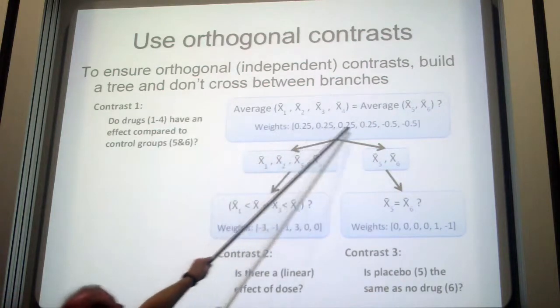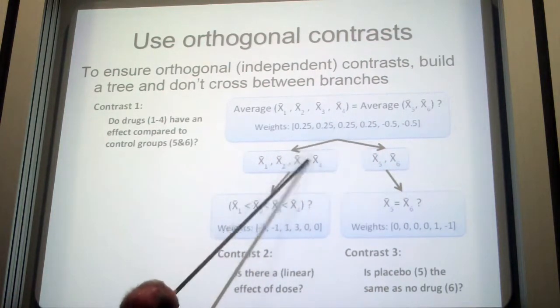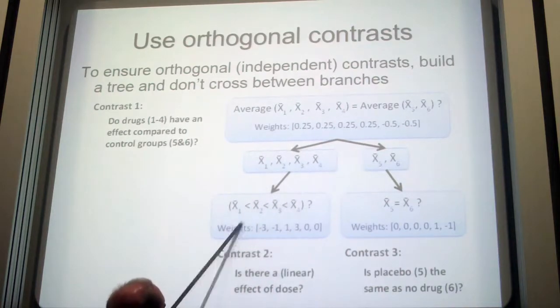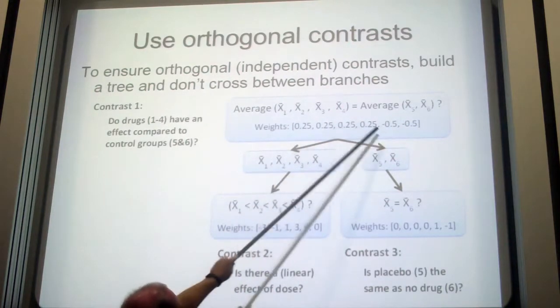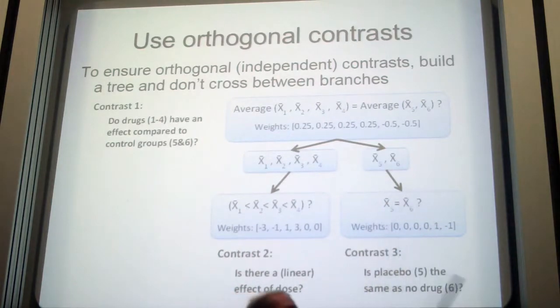Now, one way of doing it is to take all the positive value ones, and then you can split these any which way, and you know it's going to be orthogonal to the rest. What we normally do is actually try and target and do just one contrast.